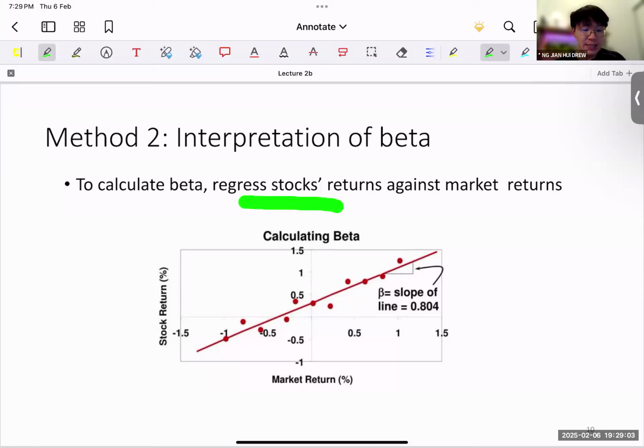So they actually did this regression to determine the beta, as shown here, right? You get a beta based on the slope. By doing so, you can actually verify whether the beta value in the platform that you use is correct or wrong.